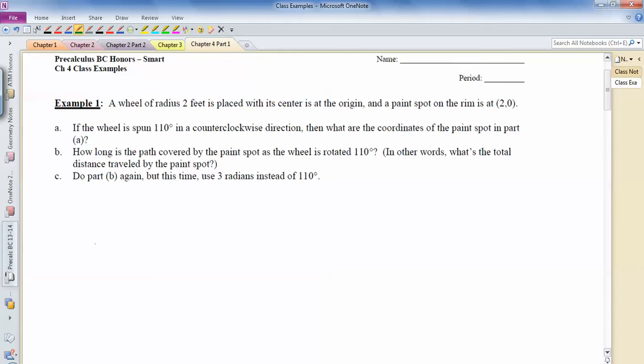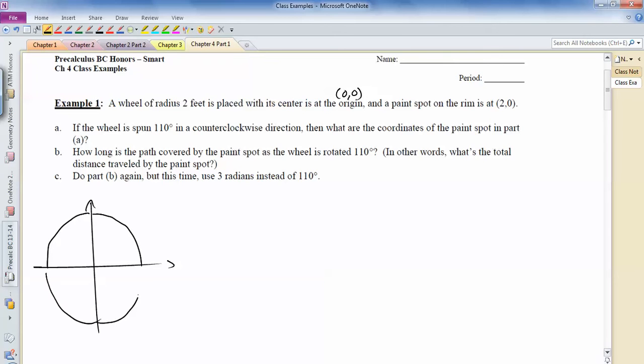So if we draw a picture of this thing, I'm going to use black for the main parts. It's centered at the origin, so that's 0, 0. Radius is 2, so here's our wheel. Right? Radius is 2, and there's a paint spot right here at 2, 0.